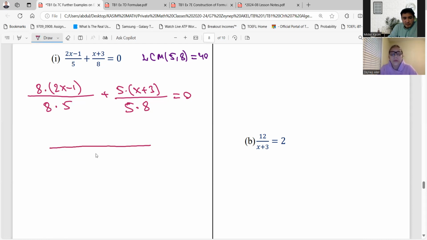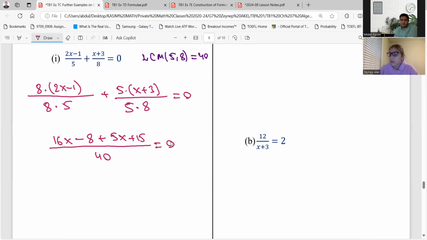First, I draw a single fraction line. Here we have 40. Then 8 times 2 is 16x, minus 8, plus 5x plus 15 equals 0. Now let's simplify the top.